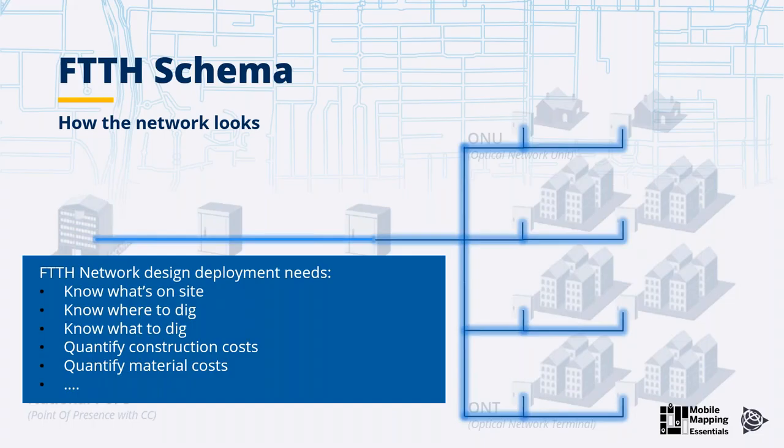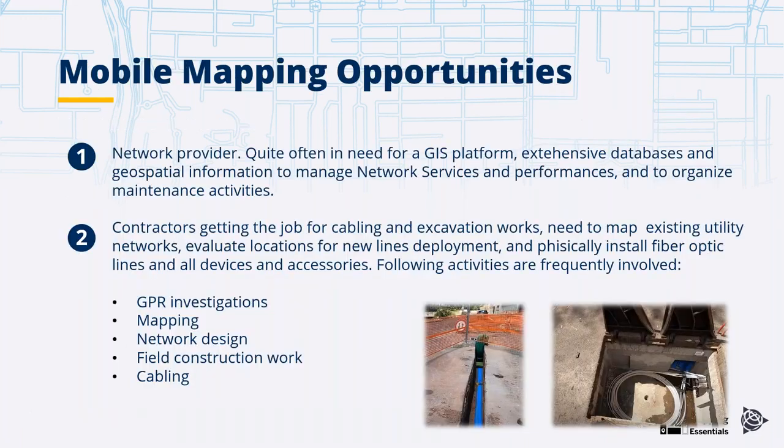So all this kind of planning activity may benefit from the mobile mapping technology, which can really speed up the collection of information for the realization of the following projects. This is exactly what I was showing in the two previous slides.